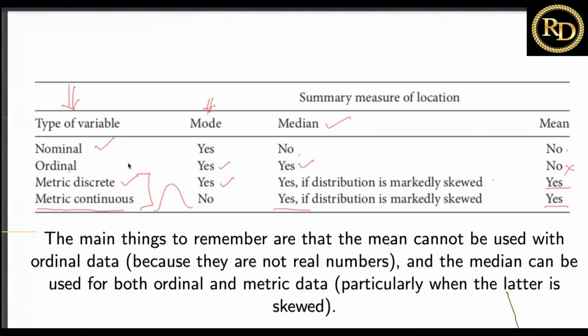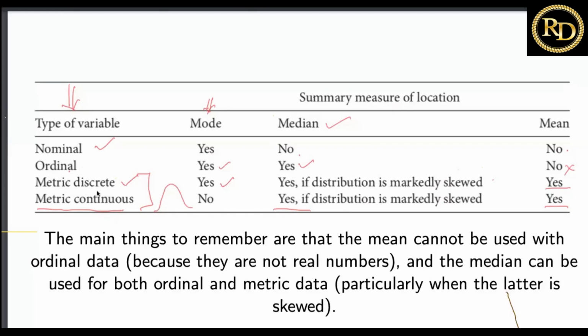If your data is ordinal, you can give mode, you can give median, but you should not give mean, because ordinal data do not have a unit with it. For finding the arithmetic mean, you have to add them, and adding a categorical variable is meaningless. So mean should not be given if your data is ordinal.